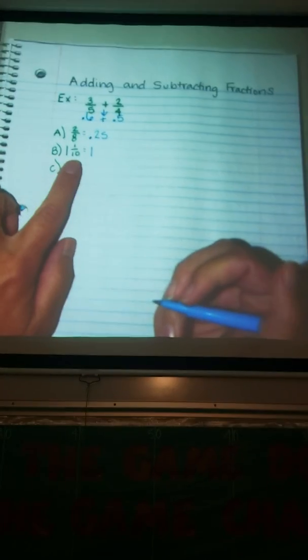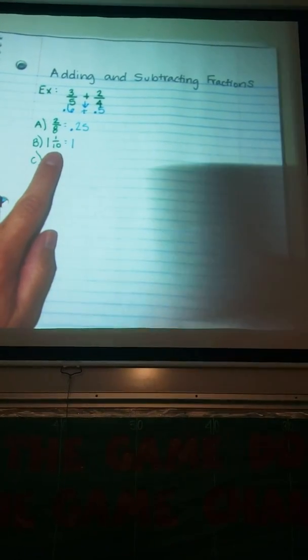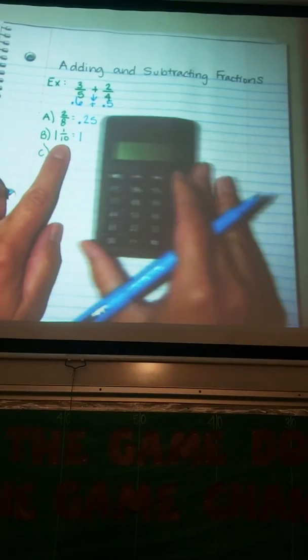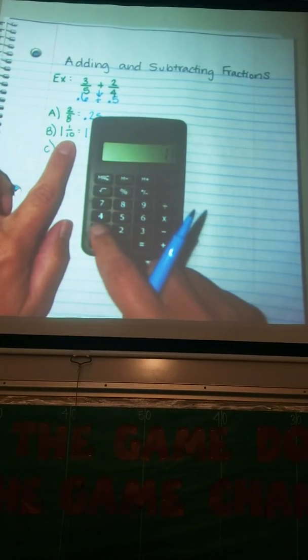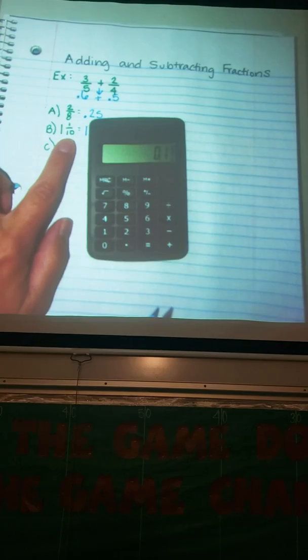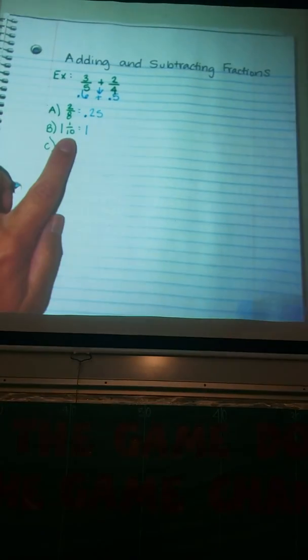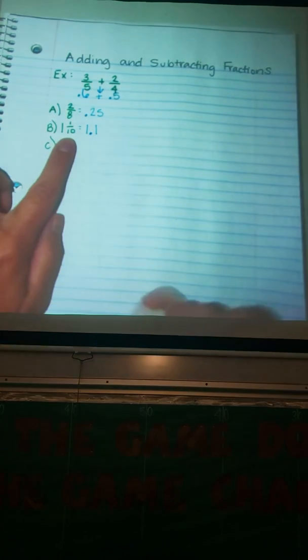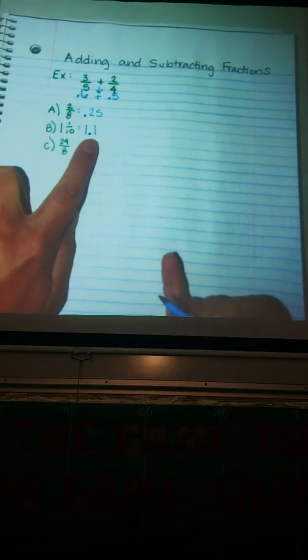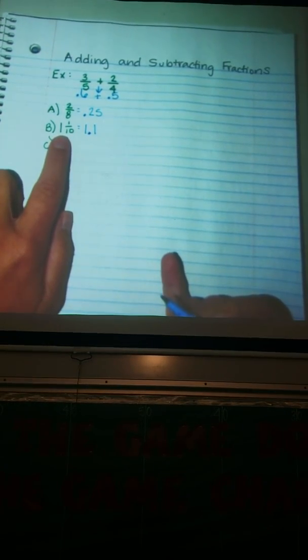And then I'm going to deal with turning my fraction into a decimal. So now I'm going to do 1 divided by 10. 1 divided by 10 equals 0.1. So I'm going to add that: 1.1. So this is exactly the same as this. You left your whole number as a whole number.